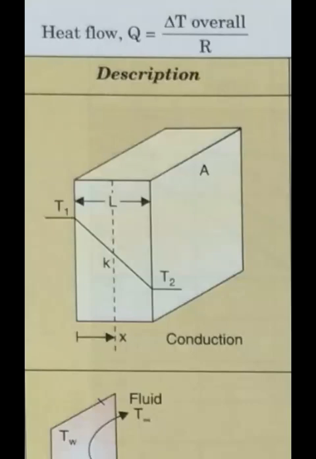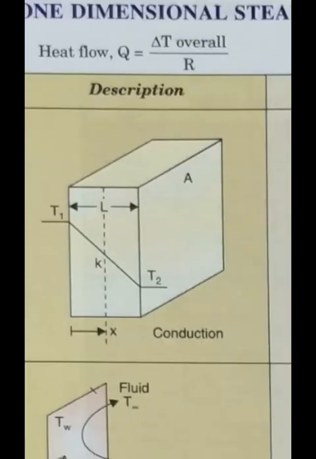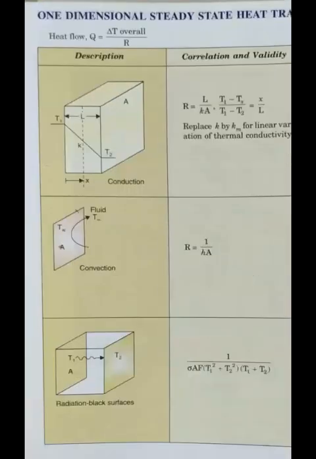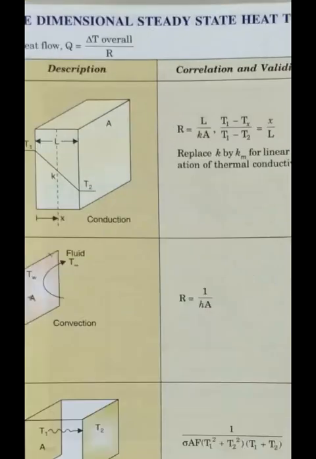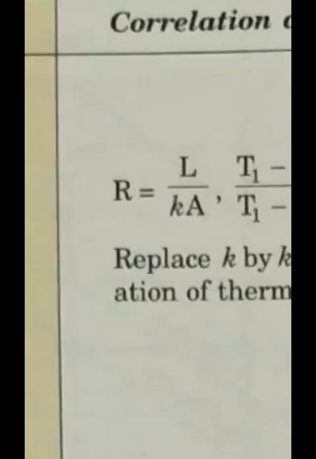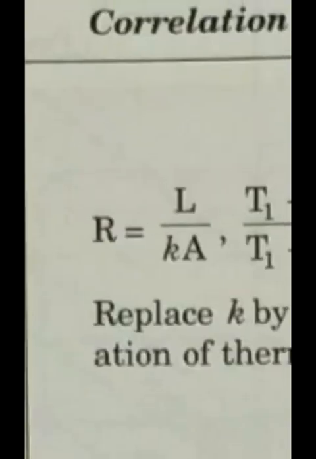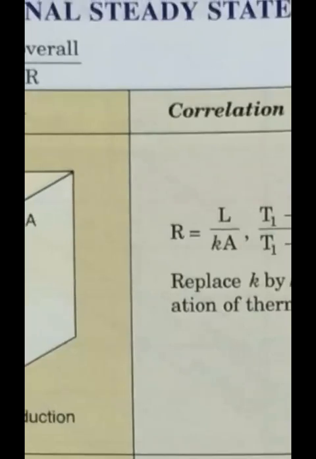It is T1 minus T2. Delta T is nothing but T1 minus T2. And what is the value of R? The same R value I will show you here, right? So for the first block, the value of R is L divided by KA, as you can see here. R is equal to L divided by KA. Okay.